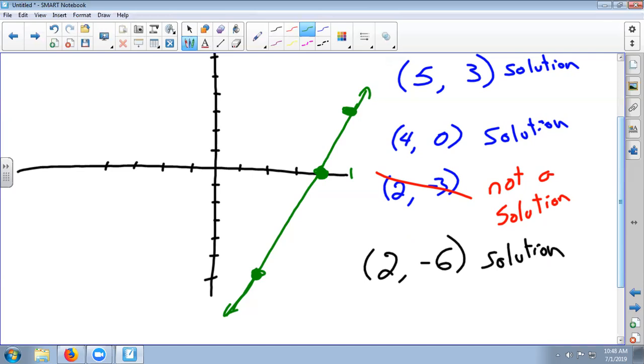Now, here's something I want to point out. Every single spot on this line is a solution to the equation. 3, negative 3 is a solution to that equation.